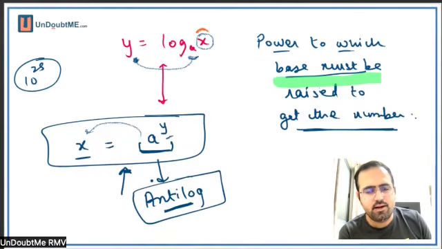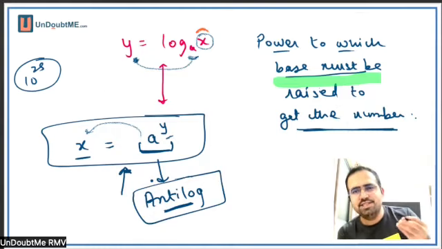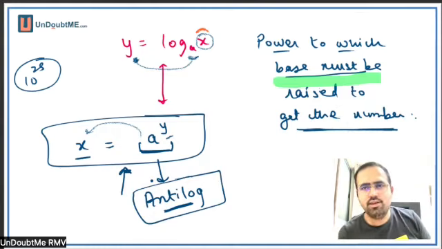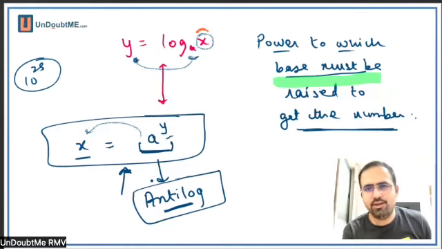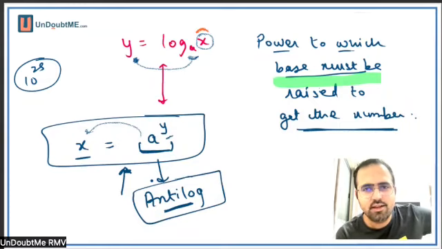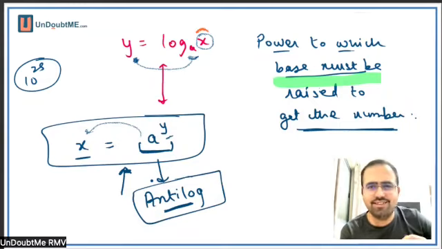So log to base 10 raised to the power 25, but then how will it be 10 raised to the power 25? Can you explain that? Wait for 2 more minutes. I'm coming on to that. Sir, you told me to remind you 5 minutes earlier for that question. Let me complete this, then we will look at your question. Yeah, I know, sir. Just a reminder. It's good that you reminded.